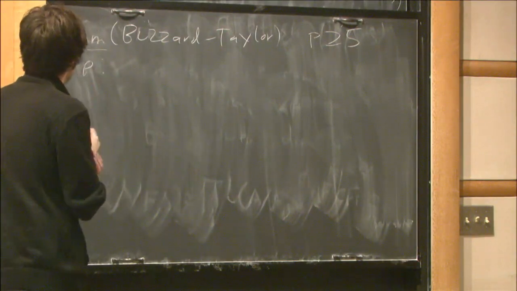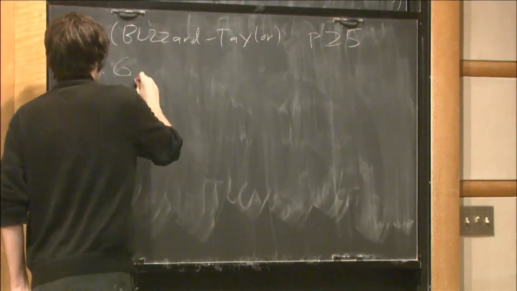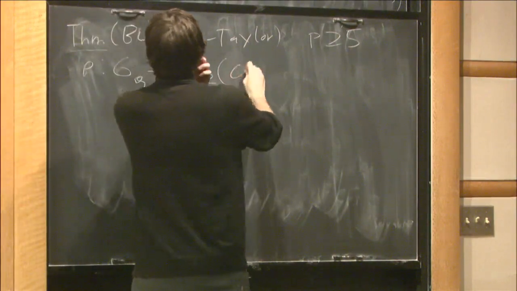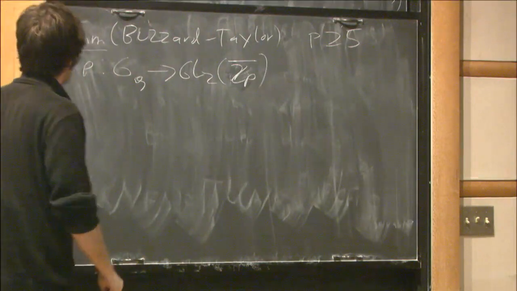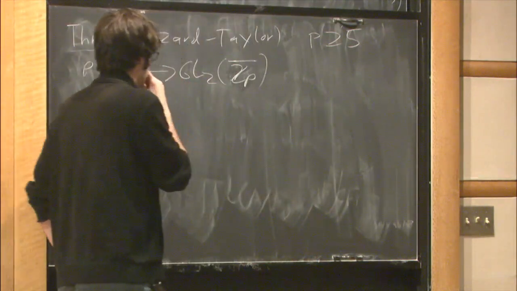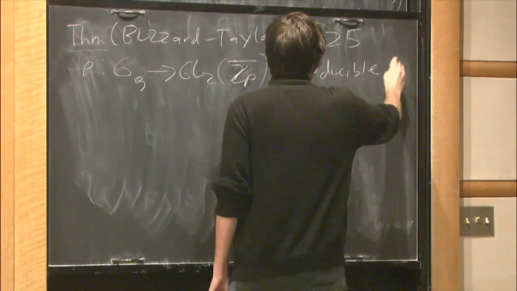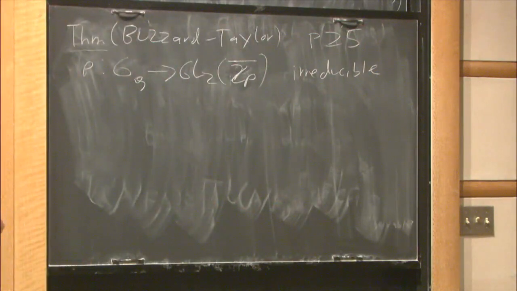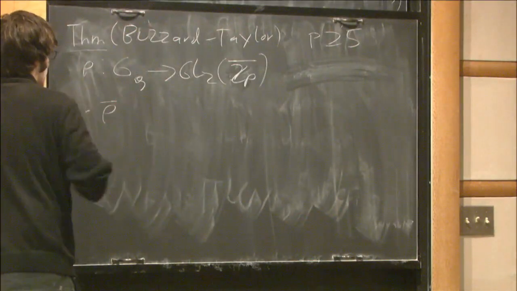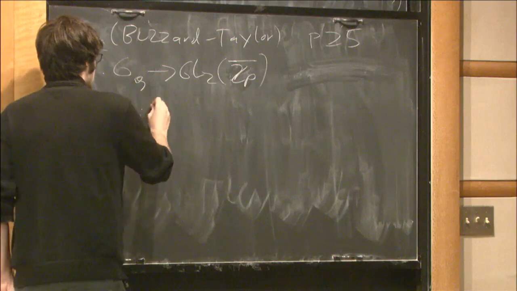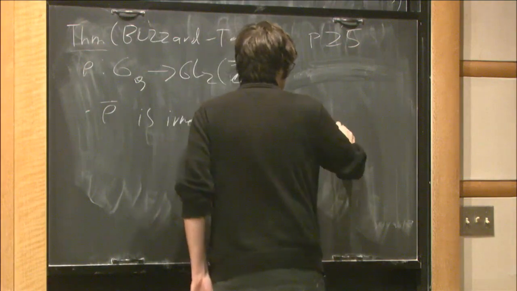We're going to take a 2-dimensional Galois representation rho, and it's going to be residually irreducible. So we assume that rho-bar, the residual representation, is irreducible and modular.